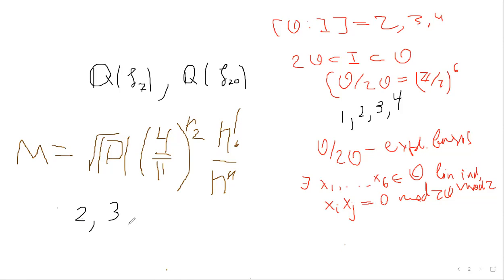Yes. Does that apply to all extensions or just to quadratic ones? That theorem, I think we proved it for quadratic ones. So maybe it is not true in this case.